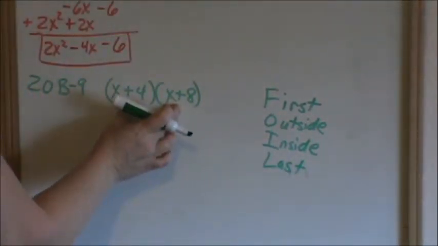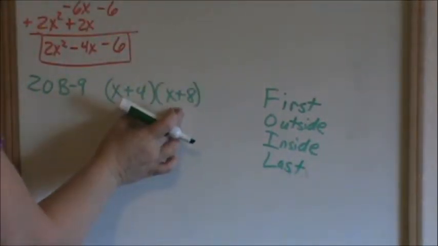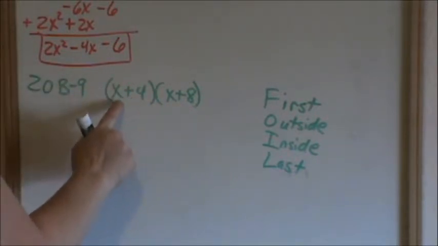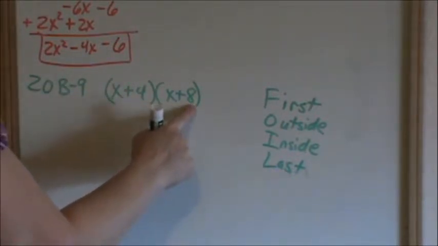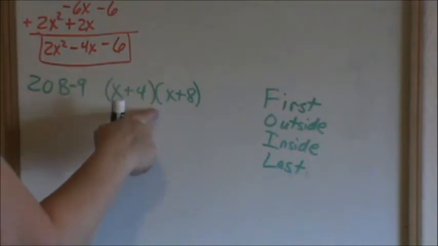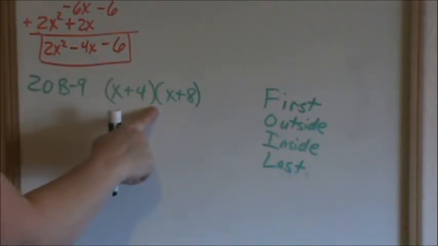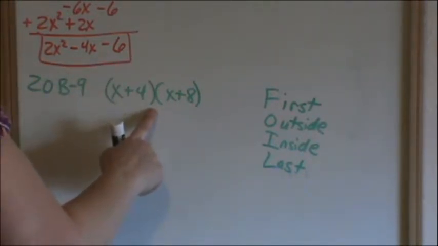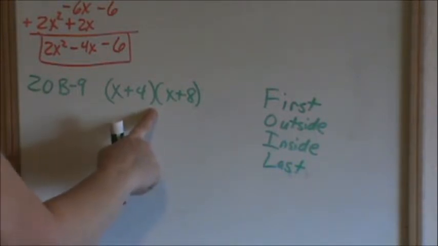The FOIL only works when you are multiplying two binomials. Remember, binomial means two terms. Two terms, two terms. Multiply them together. Parentheses means multiply. The way we multiply this, I'll say first, outside, inside, last.